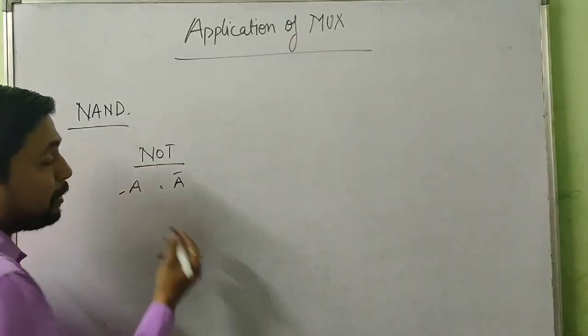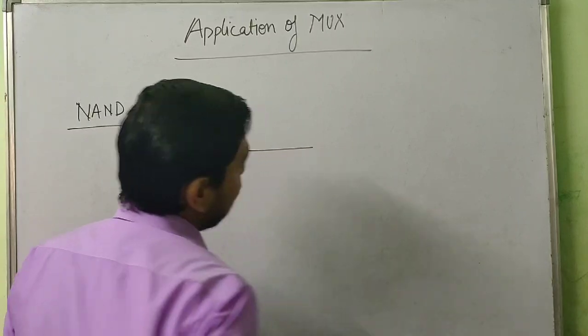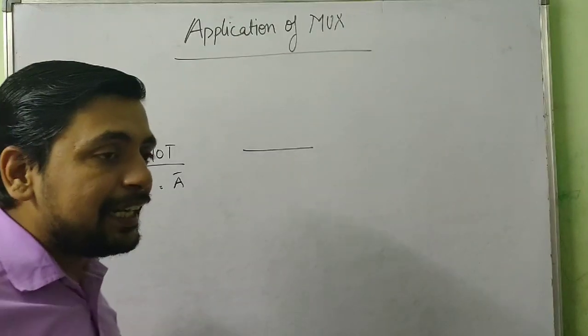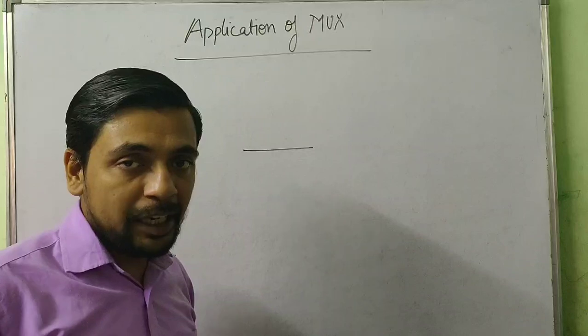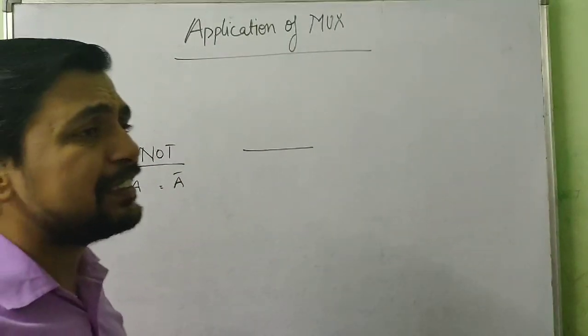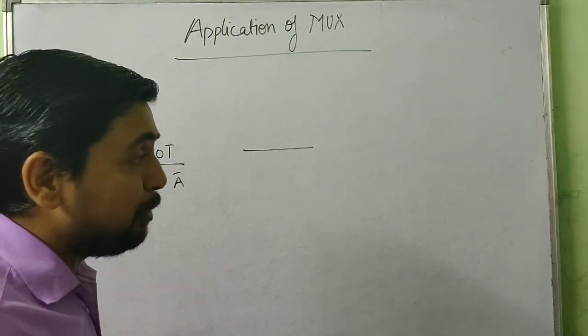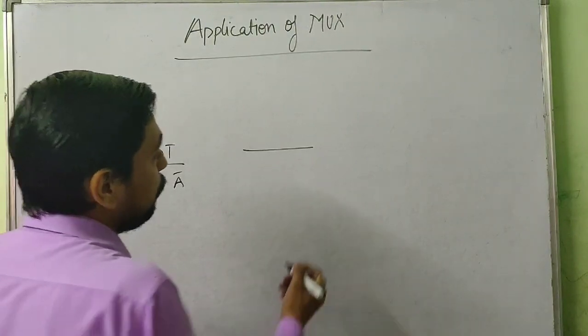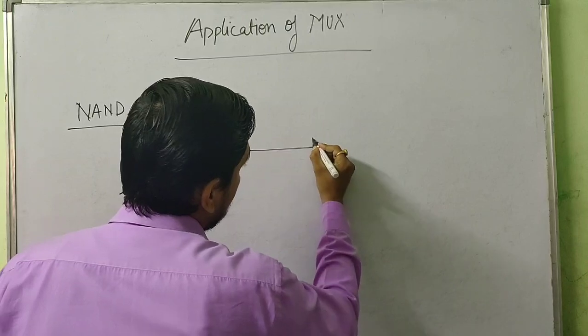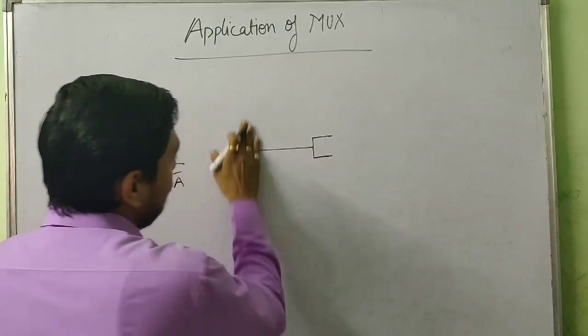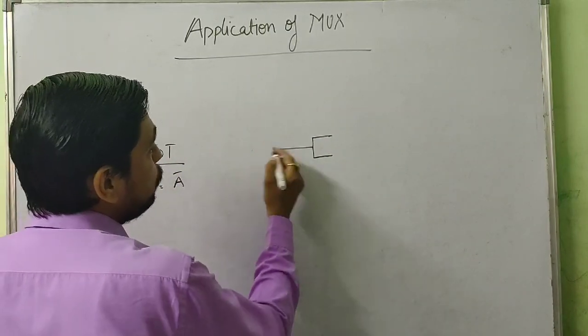Now how are we going to implement that with the help of a NAND gate? We need to pass only one input, but the first question that arises is that a NAND gate accepts more than one input. How can we pass a single input to a NAND gate? Because a NAND gate operates on at least two input values. So what we will do is pass the same input as two different inputs.